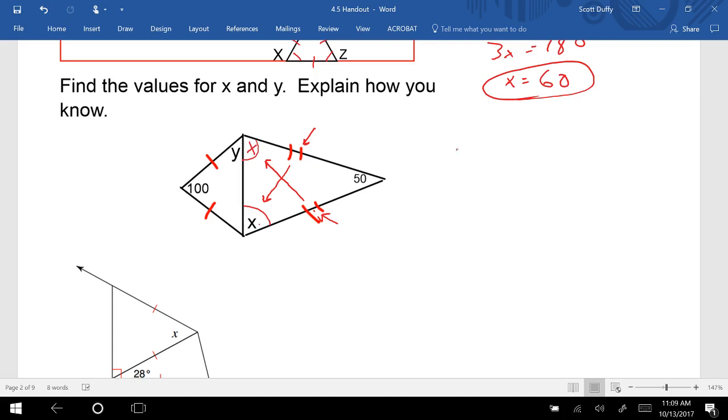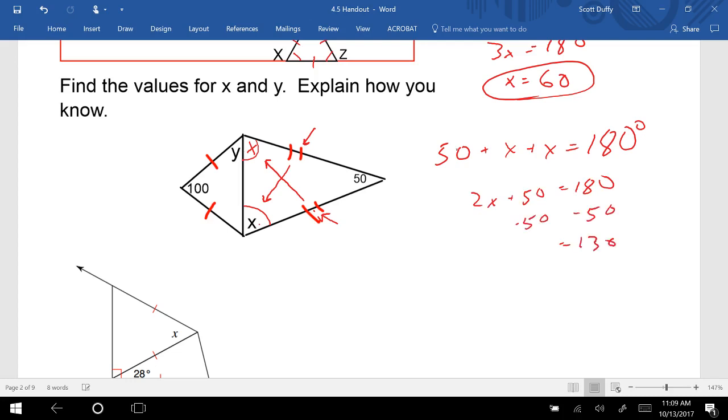We know that 50 plus x plus x has to equal 180 degrees. So 2x plus 50 equals 180. Do the math, subtract 50, you get 130. 2x equals 130. Divide by 2, x equals 65 degrees.